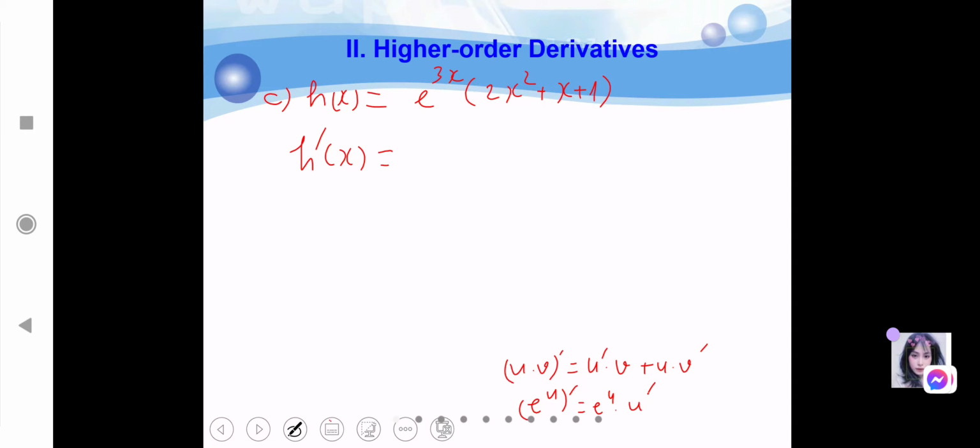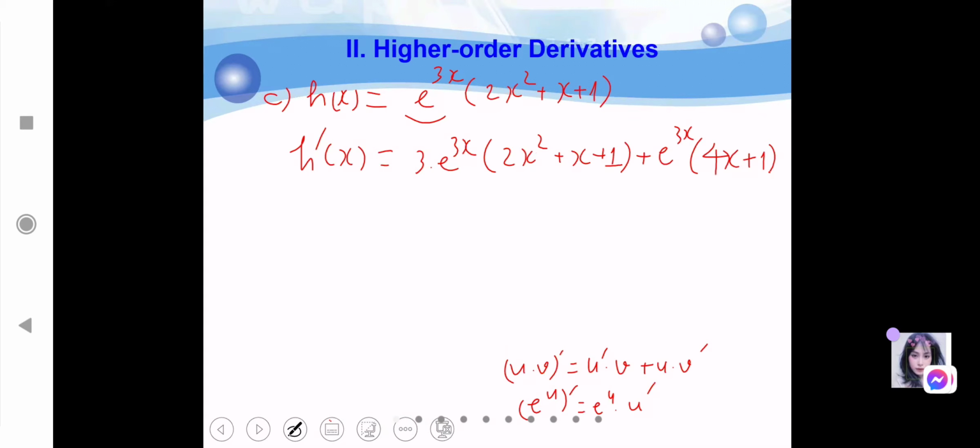Okay, the first term: 3 times e to the 3x times (2x squared plus x plus 1), plus e to the 3x times what expression? Second term derivative equals 4x plus 1.